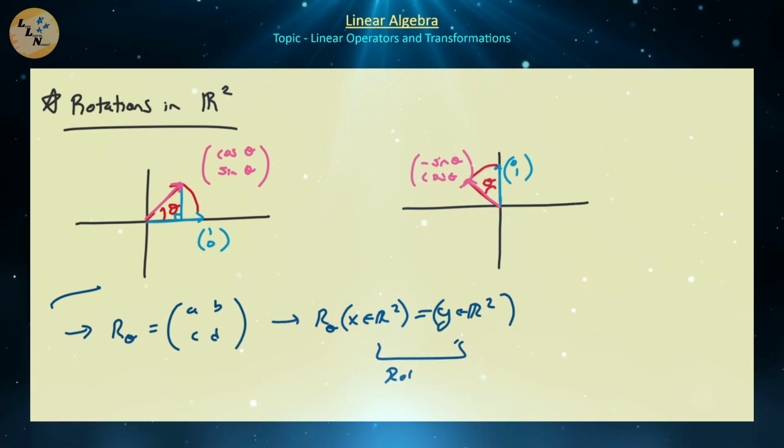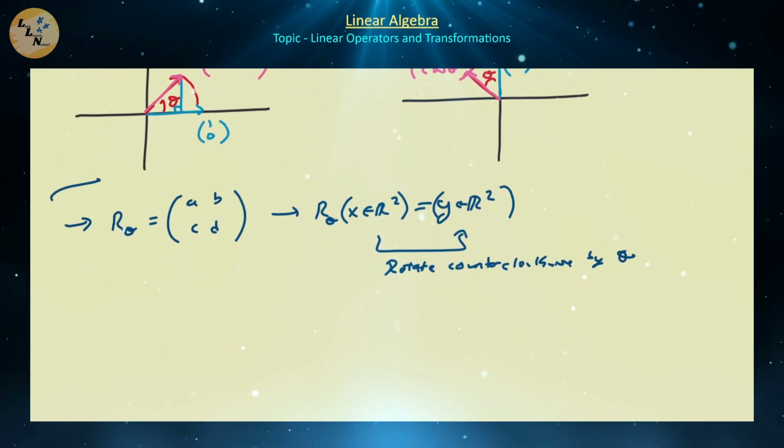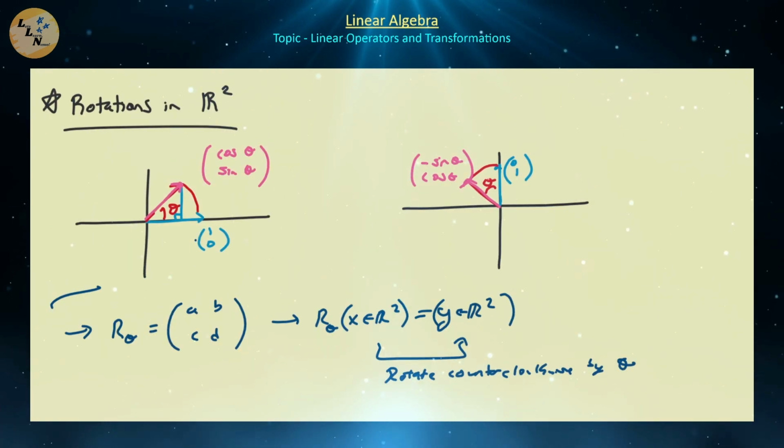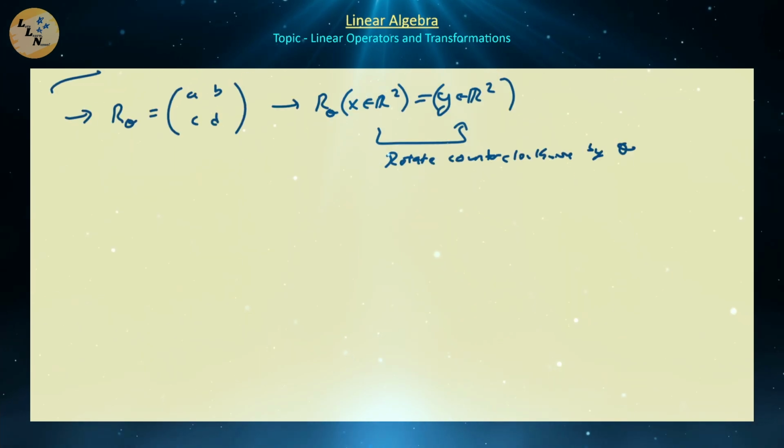So rotate counterclockwise by theta, and no other transformation, of course. So via these two equations, if we rotate 1, 0, we get cosine theta, sine theta. If we rotate 0, 1, we get minus sine theta, cosine theta. So we have a systems of equations from that.